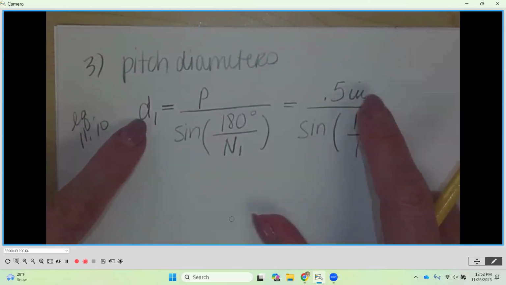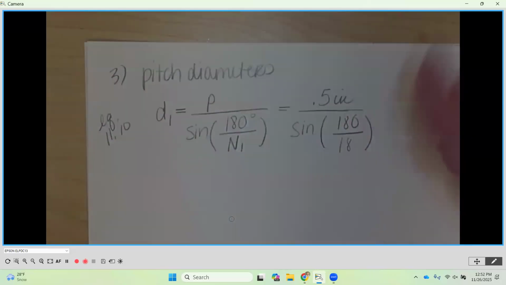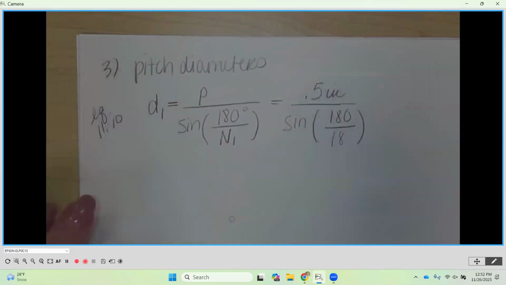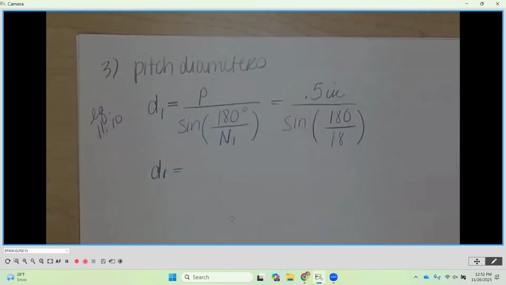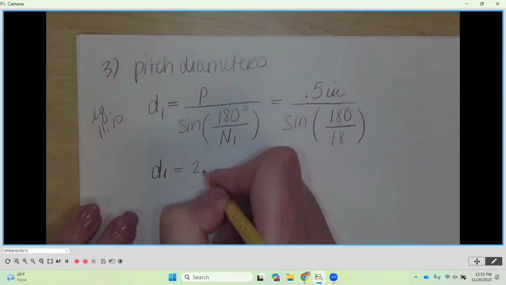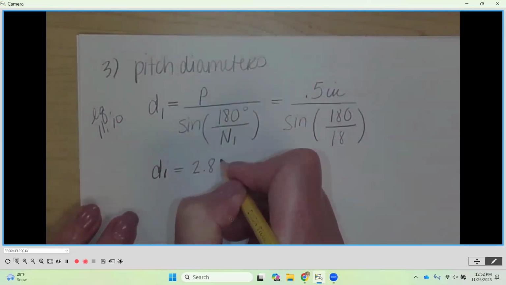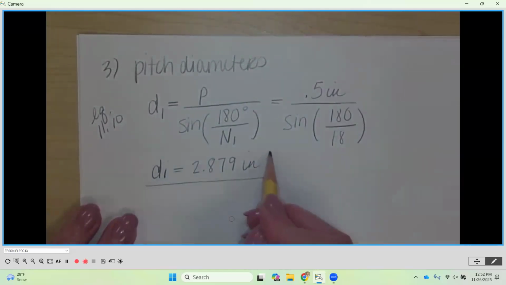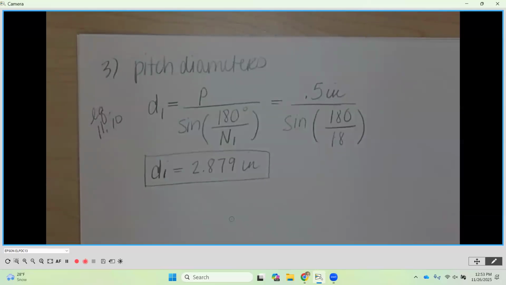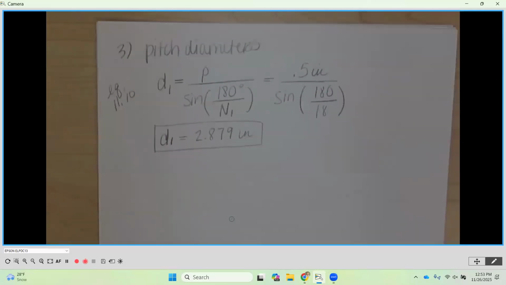It's really more about proportions than anything else. So D1 is going to be equal to 2.879 inches. That's going to be the pitch diameter of number 1. Make sure you can get that on your calculator.